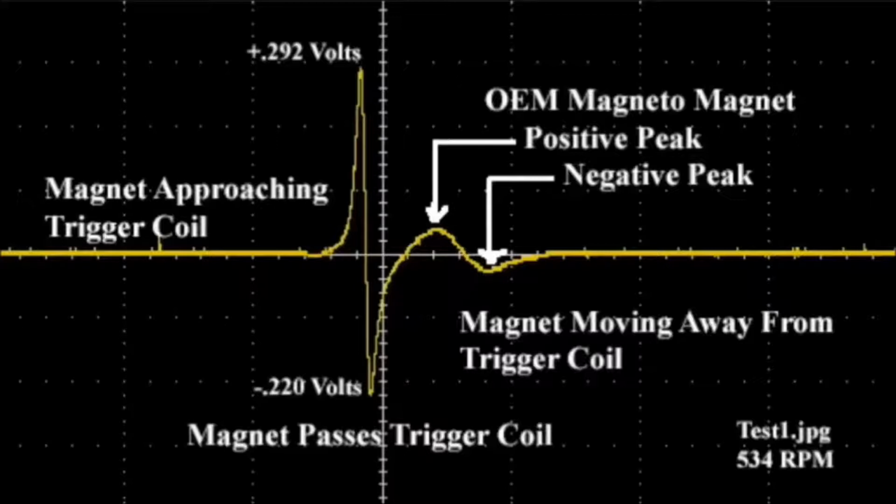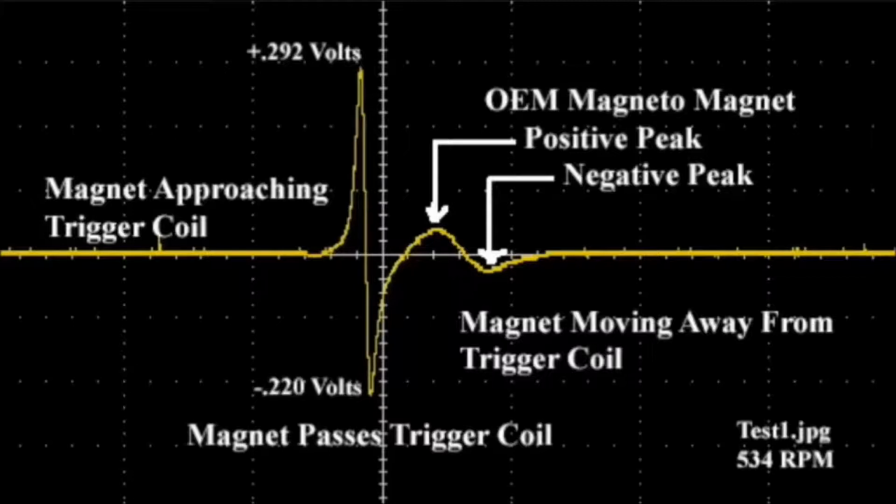Now we have some funny things going on here that I haven't seen before. Usually the positive pulse and the negative pulse are about the same height, but there's an extra little squiggle going on to the right side of the waveform.